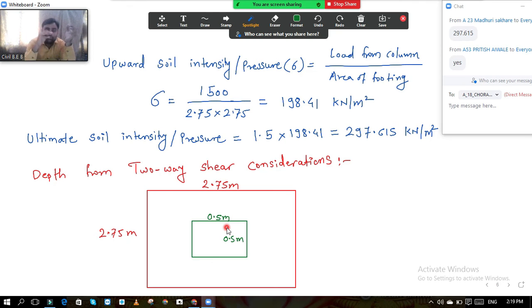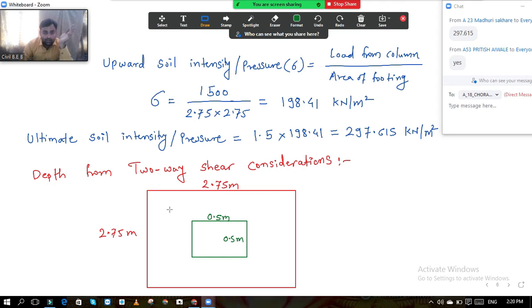Now you are imagining that whatever is the size of this column, that much square hole will get created over here if this column becomes successful in penetrating this footing. But actually it is not the case. The hole will get created if the punching action takes place, but that hole will be like this.